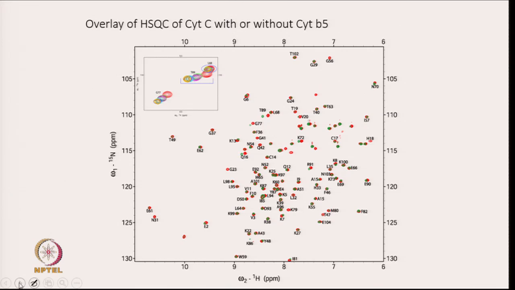You can see that a lot of peaks are quite overlapping with each other, but there are certain peaks which are moving, for example, T89, L68, G77, and this information about where peaks are moving can give you an idea at which part cytochrome C is interacting with cytochrome B5.